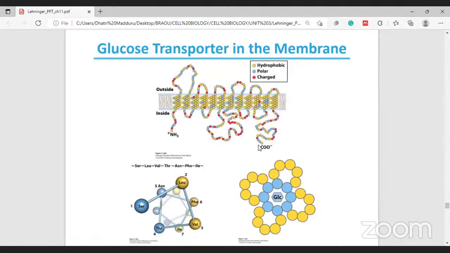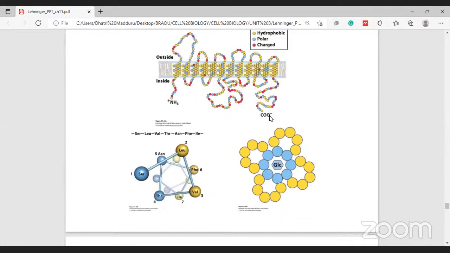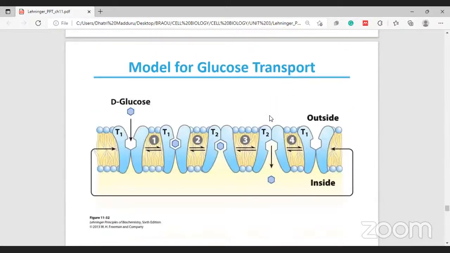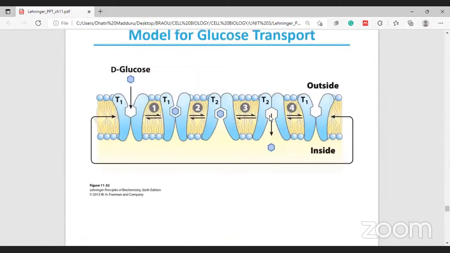I told you about the glucose transporter, the GLUT protein. It is a transporter molecule which helps. No need to go into detail, but this is how the mechanism works. This is a glucose molecule, D-glucose. It will come and bind to the transporter. First the outside region is open, and the glucose enters.